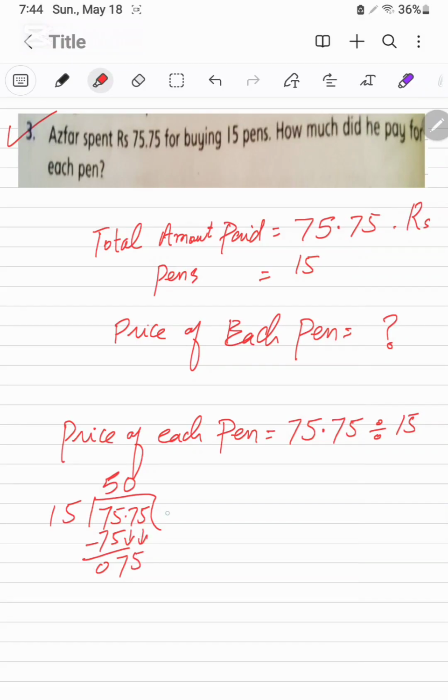And next it is 5. 5 15s are 75, now subtracting it is 0. And the decimal is in 2 places, so here also after 2 decimal places we will add the decimal. It will be 5.05 rupees, price of each pen.